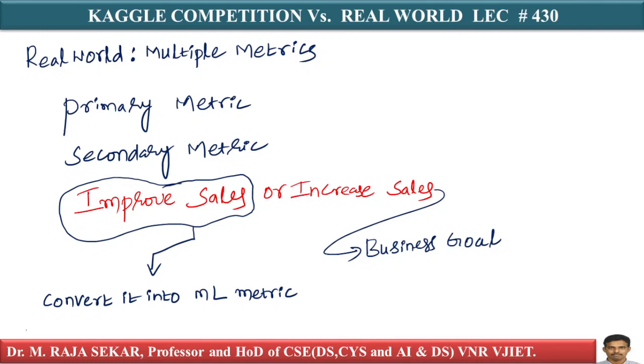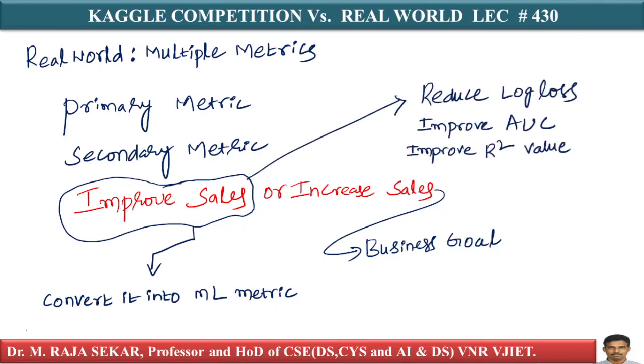You have to say reduce log loss or improve AUC, improve F1 score, improve R squared value. You have to say what numerical machine learning metric you want to improve, because machine learning algorithms do not understand what sales means.